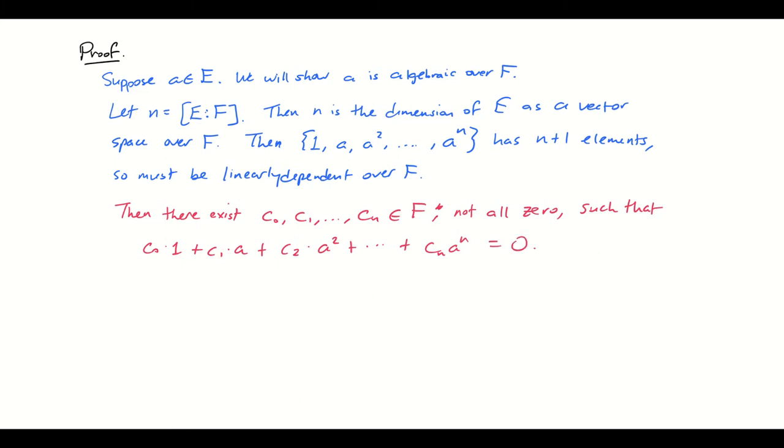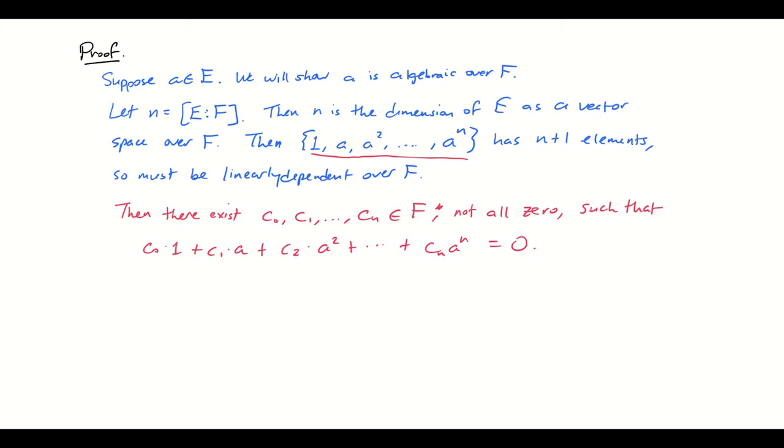Okay, that's just stating what it means for this set to be linearly dependent. That's one interpretation, that there's a non-trivial linear combination over F that gives 0 of those elements. So there exist some coefficients C0, C1 up through Cn such that this is equal to 0.